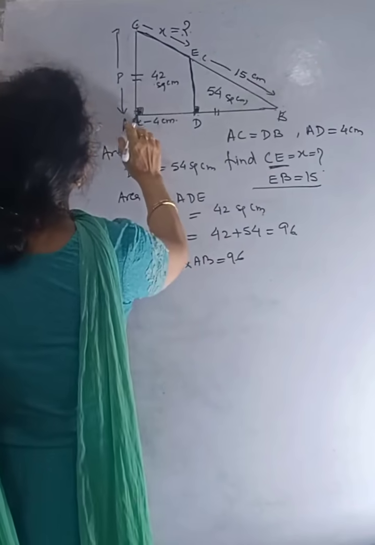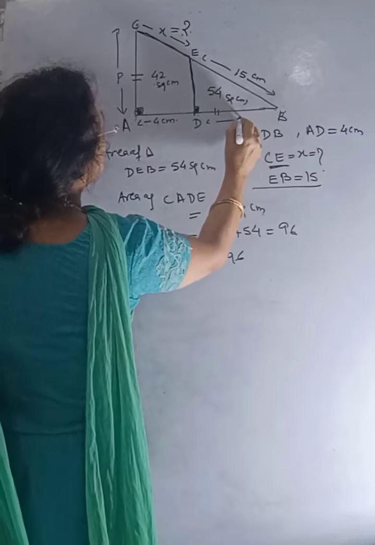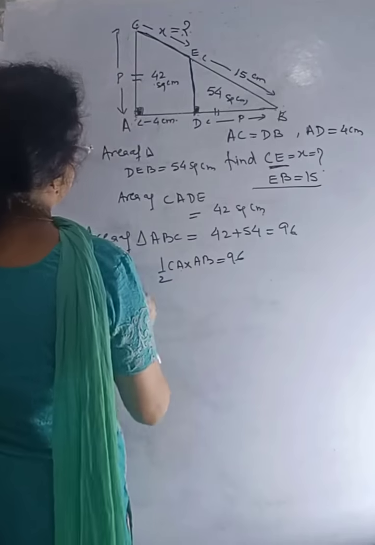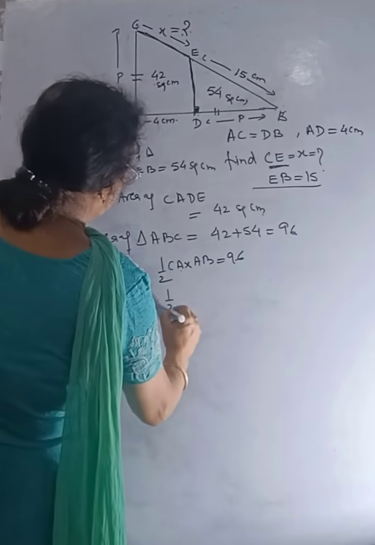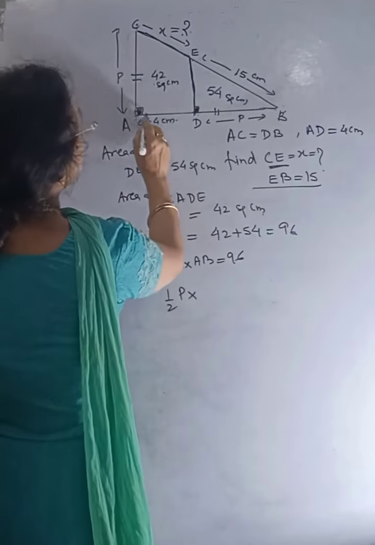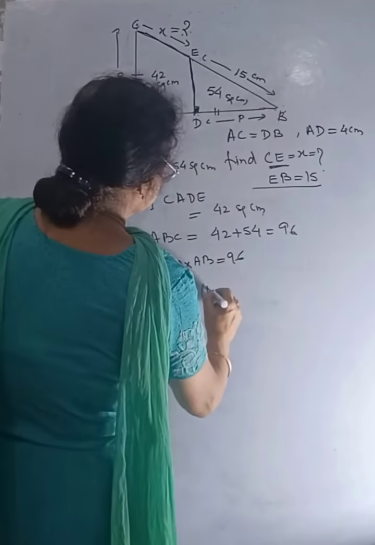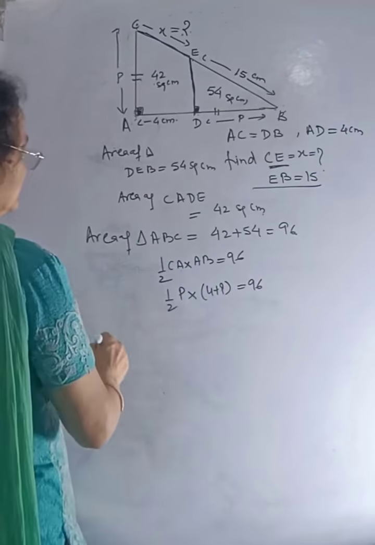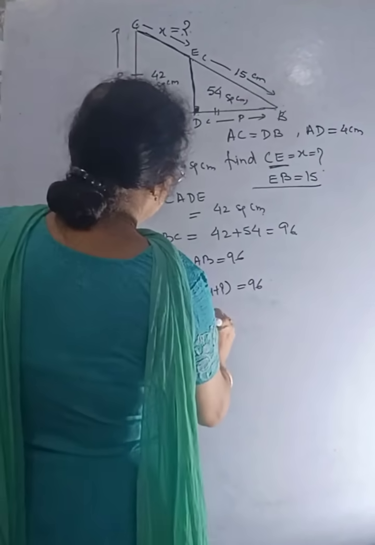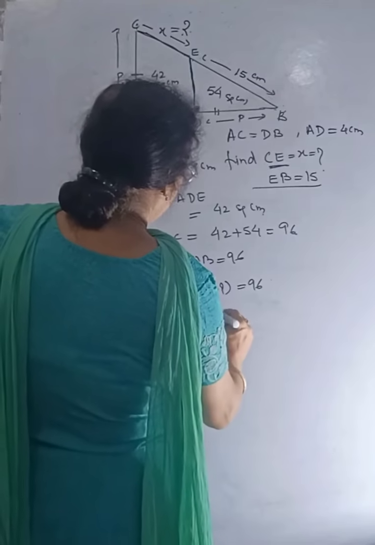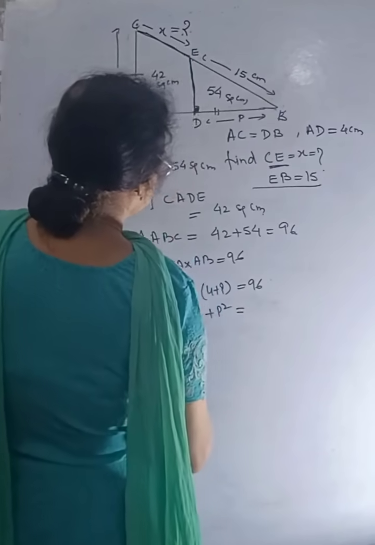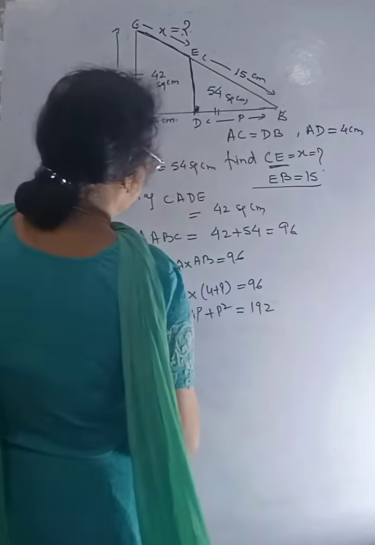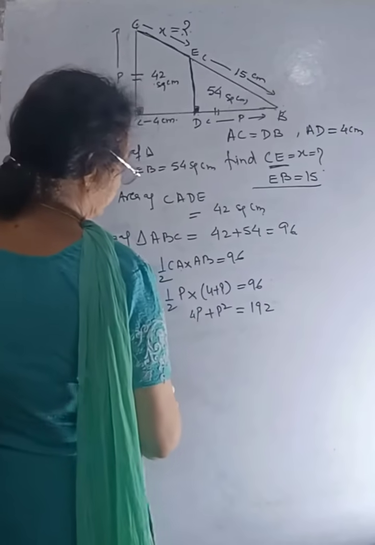Because this is P, CA will also be equal to P. So 1 by 2 P into AB, and AB is equal to 4 plus P. This is equal to 96, or we can say that 4P plus P square is equal to 192. This is the quadratic equation.